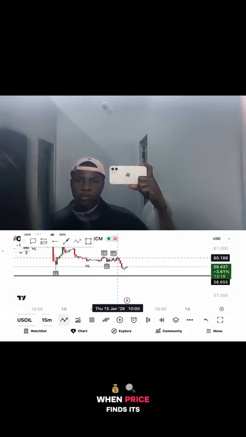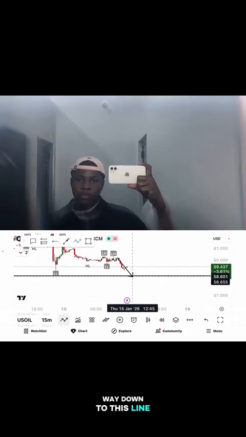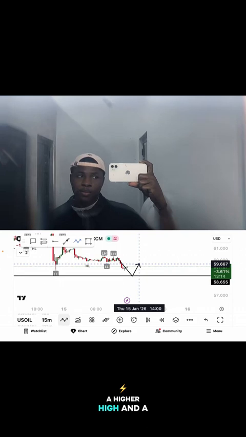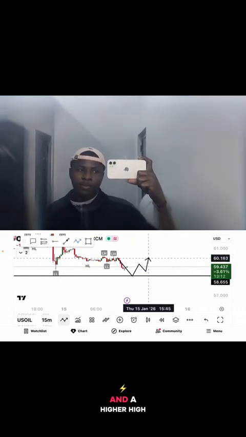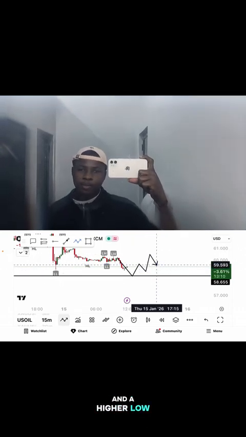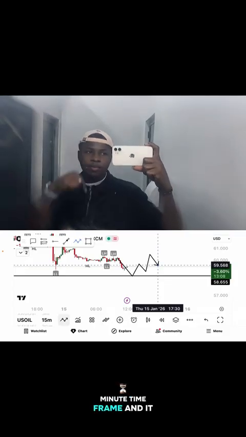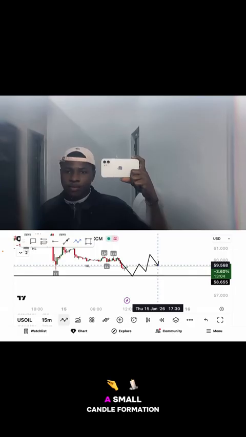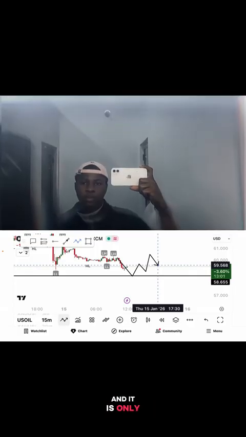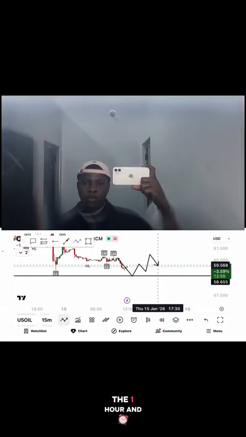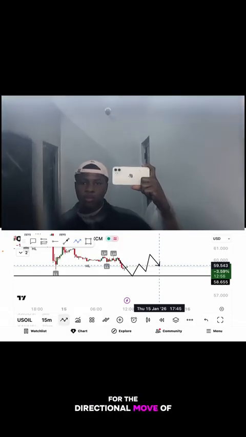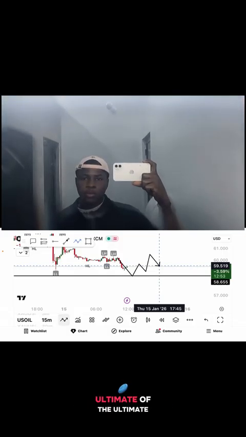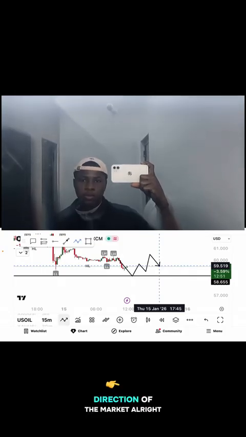When price finds its way down to this line, we'll look to see a higher high and a higher low, and a higher high and a higher low. This is the 15-minute time frame, and it is going to be very obvious because it's a small candle formation and it is only used for entry, while the 1-hour and 4-hour are used for the directional move, the ultimate direction of the market.